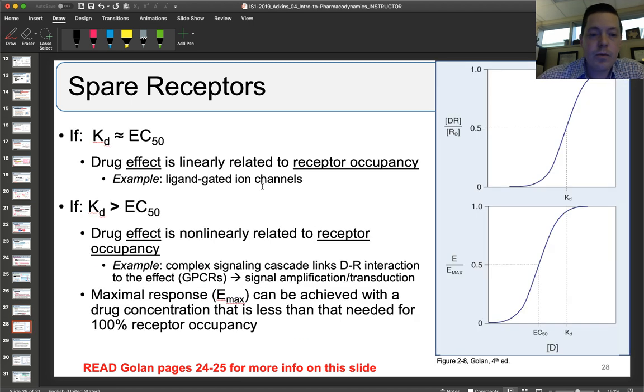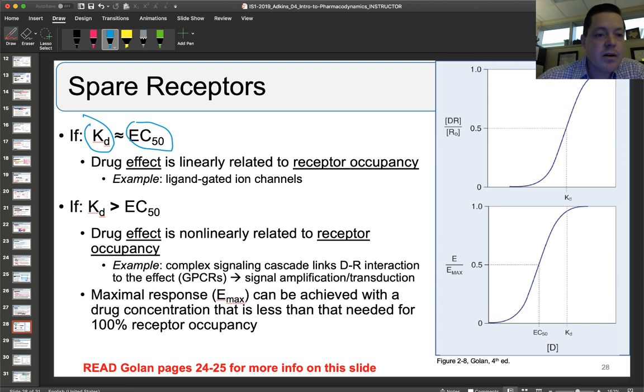Now, a good way to see this is on these particular concentration response curves, and remember we compared KD. We know all about KD. That's the concentration at which half of the receptors are occupied. We talked about EC50. That is the concentration necessary to produce a half maximal response.